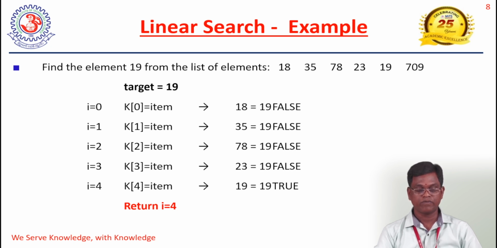Whenever we get this condition as true, that is the indication that the element we want to search was found, and it will return the index location i equal to 4. That i equal to 4 refers to the location where we found the target element. So this is regarding the linear search example.